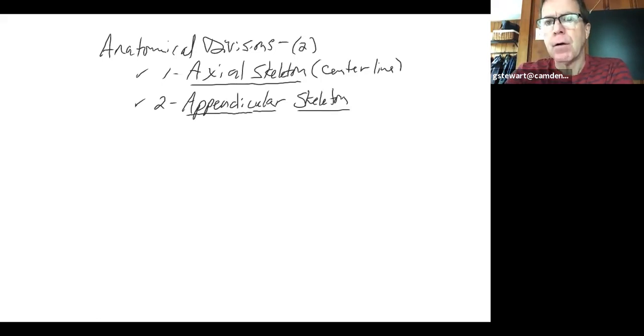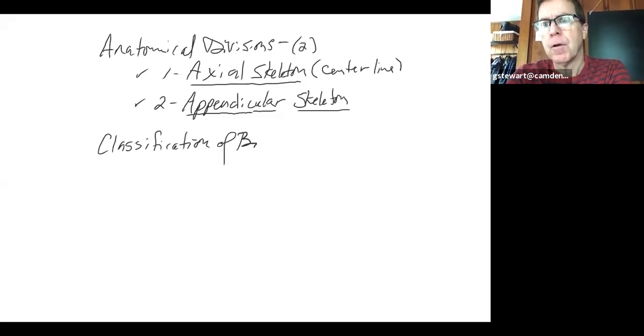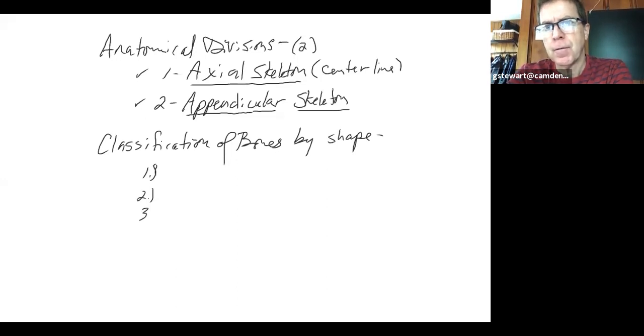Now, there's also classification of bones by shape. And there's just a little table in your book. This is really easy. We just classify bones. Some books use 6 classifications. Yours just does 4. And this is just based on what individual bones look like.